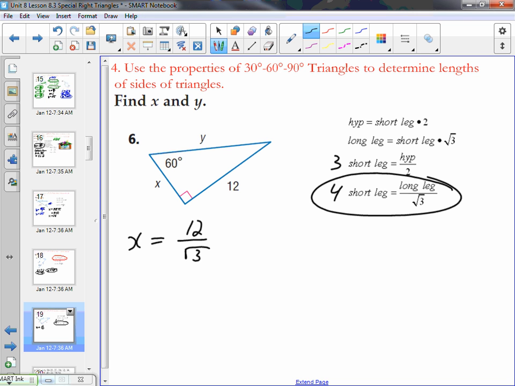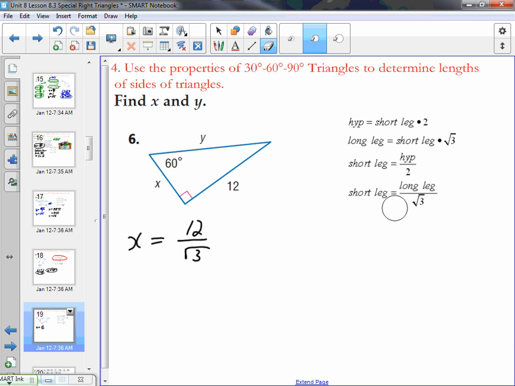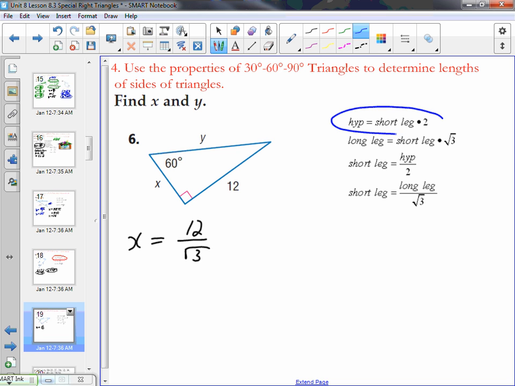All right, now that we know the short leg, we're still missing what? We're still missing the hypotenuse. So we go to this equation. So the hypotenuse, which is represented by which variable? Hypotenuse equals short leg, 12 over the square root of 3, times 2.